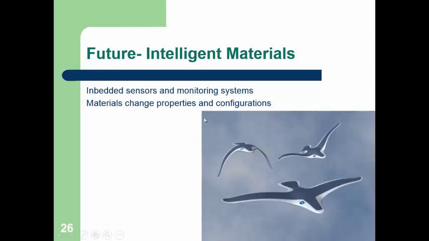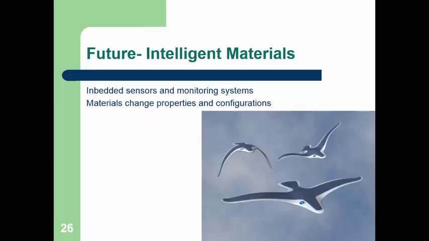Another very interesting thing that's going on, there's a lot of research going on this, is for materials that actually change properties. You may have read about the electric muscle, where you put a current through a material and it contracts or expands. That type of thing.